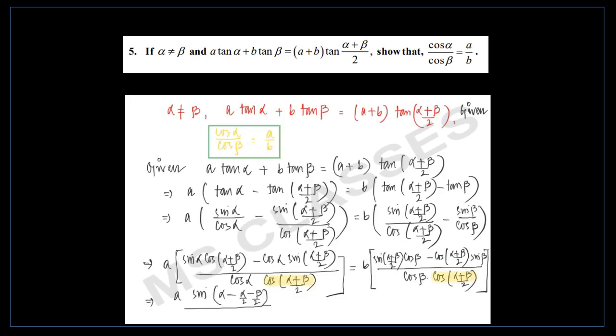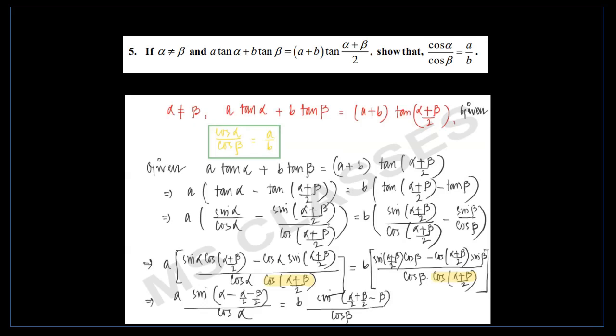We are left with only cos alpha in the denominator. Here B into sin A cos B minus cos A sin B, which is sine of (beta minus (alpha plus beta) by 2), whole divided by cos beta.